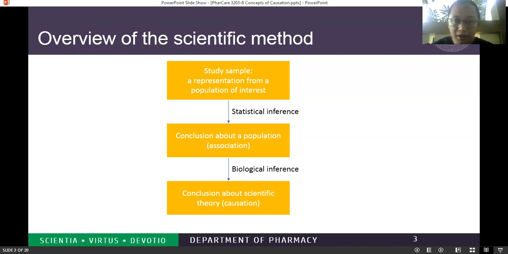We take the sample and then make a conclusion about the population using the sample, and then we try to have a conclusion about the scientific theory. So from the first step to the second step, we do a statistical inference. And then from the second step to the third step, we do biological inference.